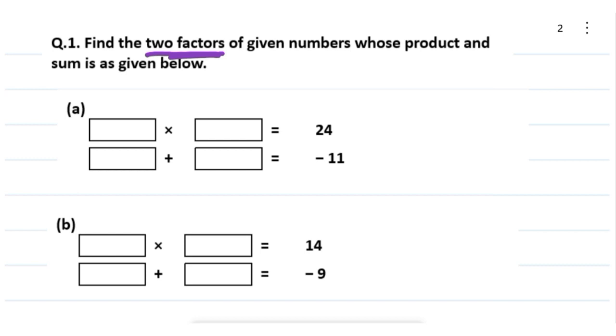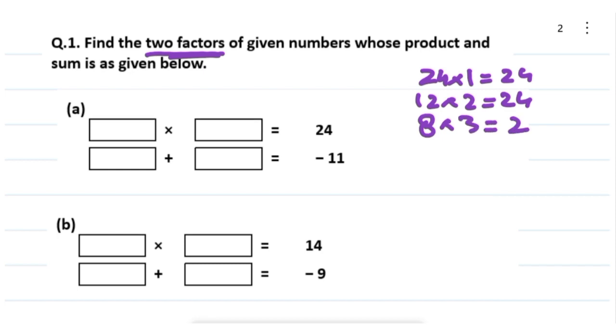First of all, we'll be looking for the factors. What are the possible factors of 24? 24 times 1 is 24, 12 times 2 is 24, 8 times 3 is 24, and 6 times 4 is 24.